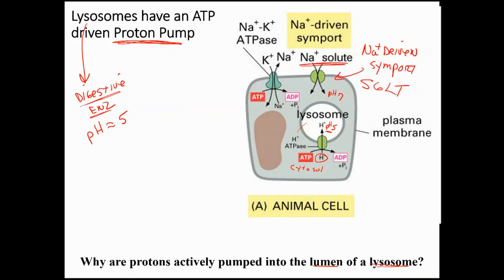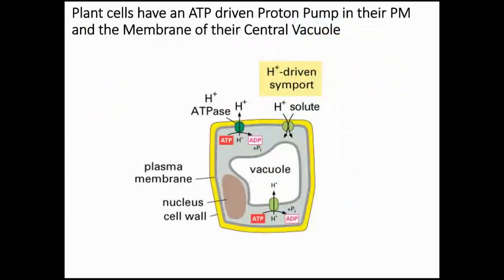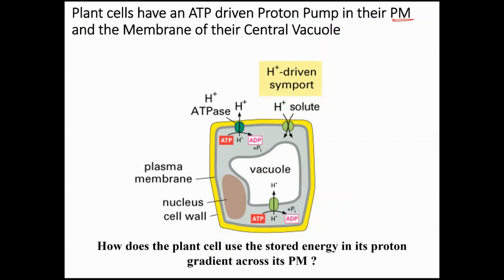Right, the solute might be glucose. So different locations for these different types of pumps in animal cells, such as our cells, correct? Plant cells have an ATP-driven proton pump in their plasma membrane.